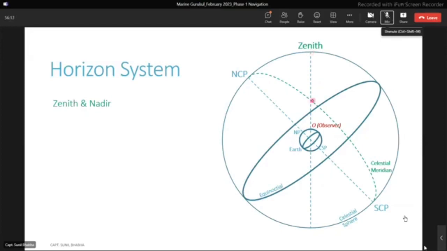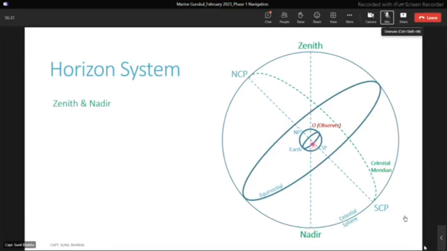And this line extended on the opposite side meets the celestial sphere at a certain point which is called the nadir of the observer. So zenith and the nadir, our 2 references for horizon system.